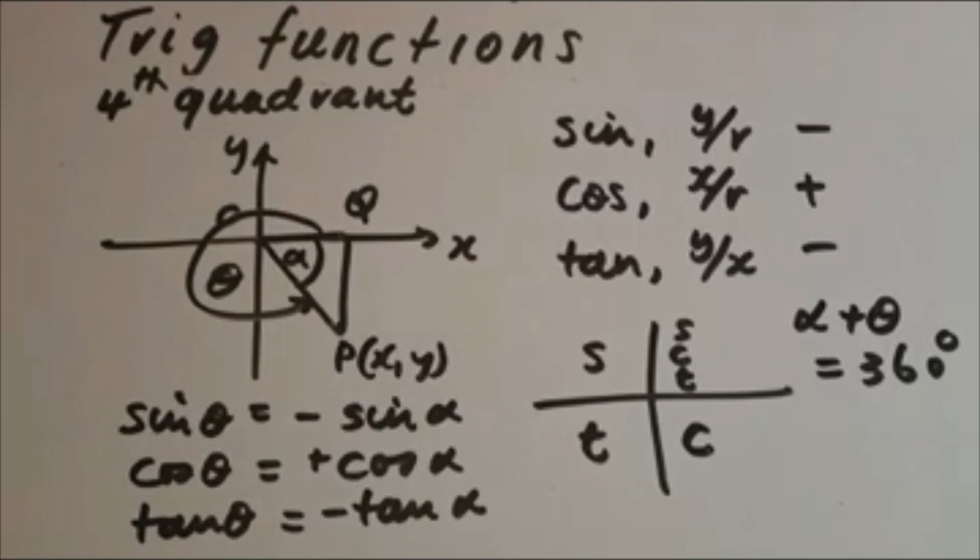We need the value of alpha, which is the associated acute angle. So with those two things, we can find the value of any trig ratio of any angle.